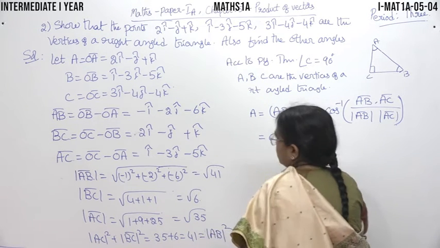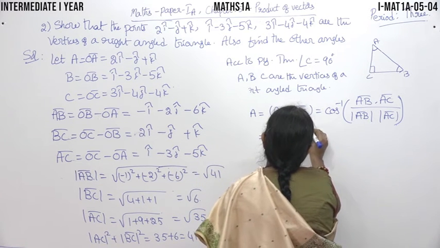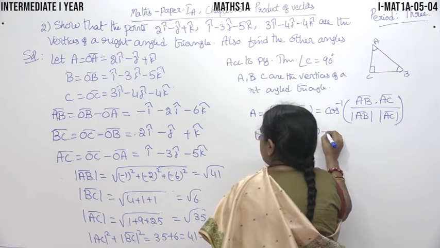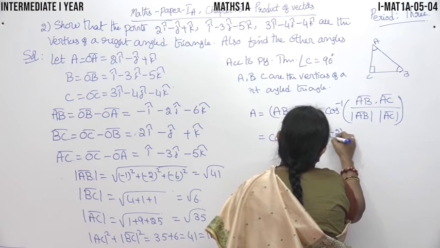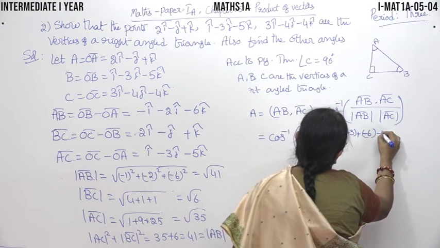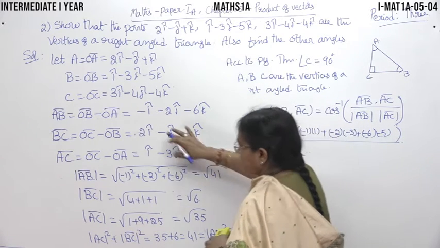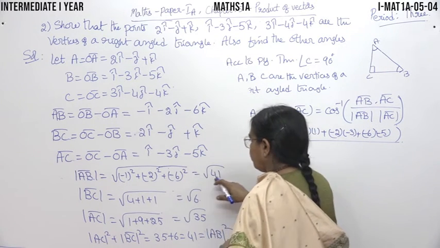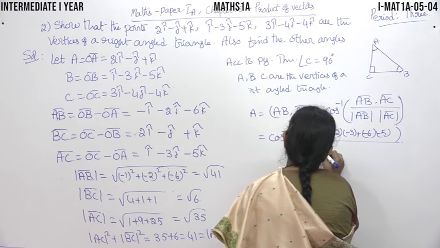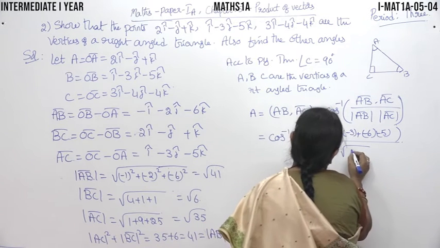Otherwise you write like this. AB dot AC means minus 1 into 1 plus minus 2 into minus 3 plus minus 6 into minus 5, by the modulus of AB and AC, which we already found. So that is root 41 and mod AC is root 35.